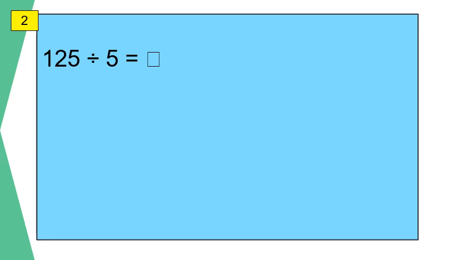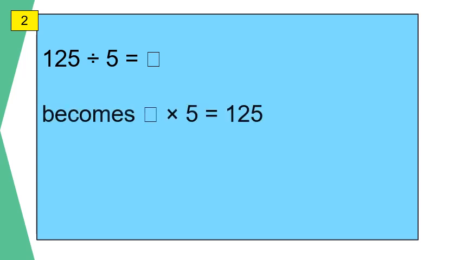Here we've got 125 divided by 5 equals something. Again, I'm going to apply the inverse operation. I've moved this number, 125, to this side of the equation. Instead of cancelling it out, I've brought it over here, so I'm kind of switching places. Now I've got something times 5 equals 125.